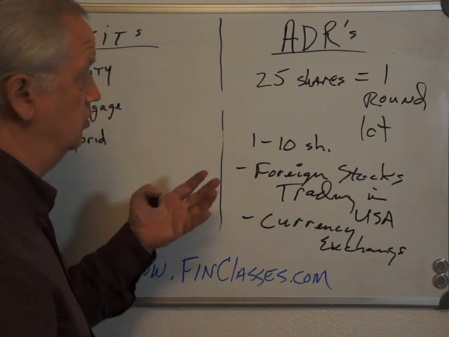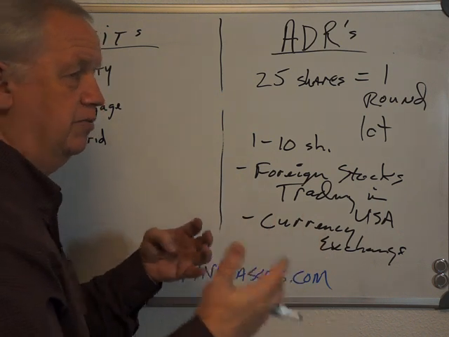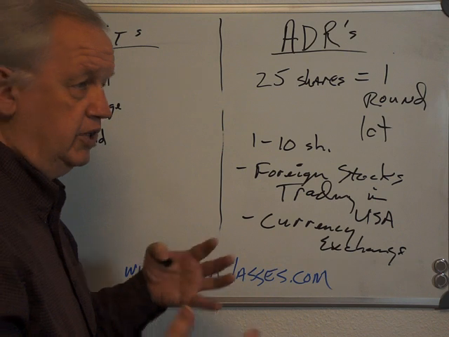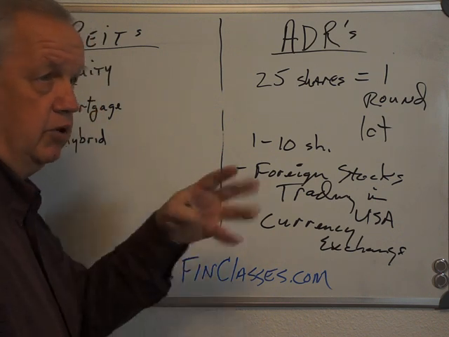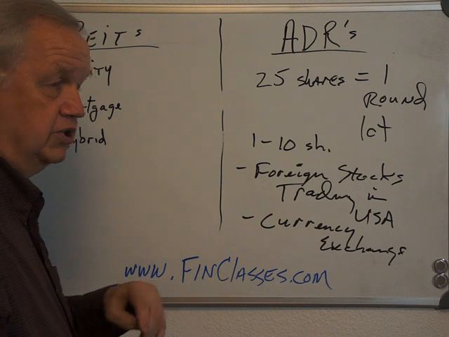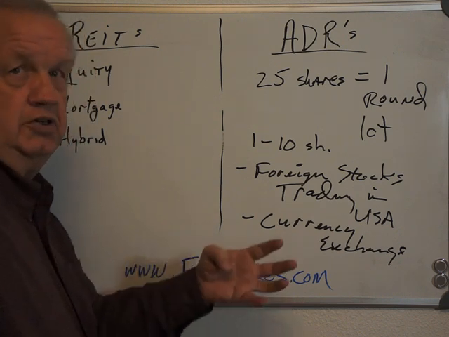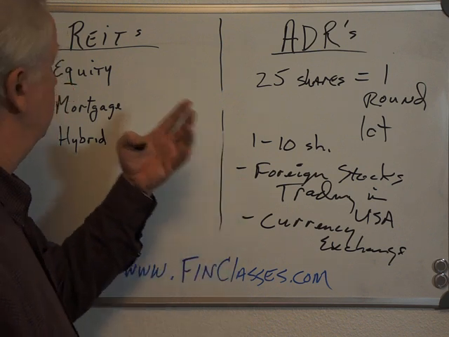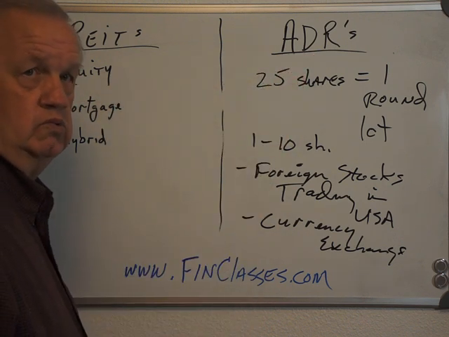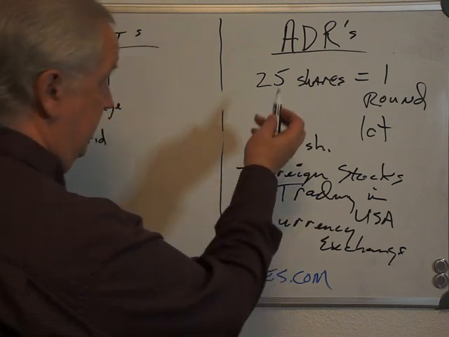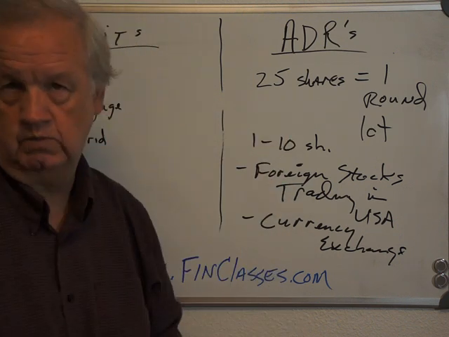You can acquire this through your broker, through Charles Schwab, through Merrill Lynch, through E-Trade, through your insurance broker too, if they have a broker-dealer inside there and they trade in securities. So a lot of places have brokerage services available that they can get the regular stocks, the REITs, and the ADRs. Okay, so that's an ADR, American Depository Receipt.